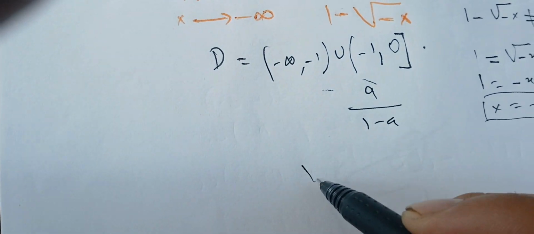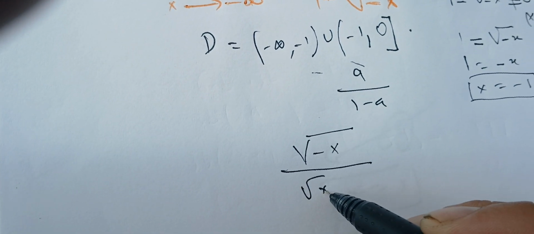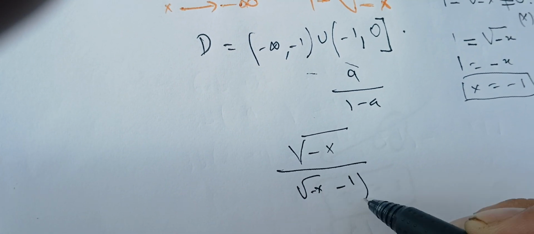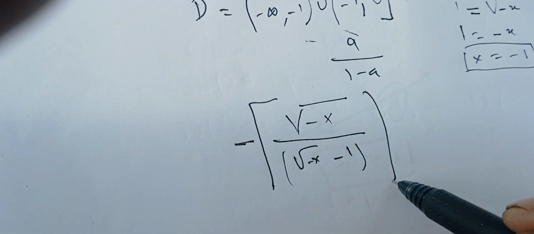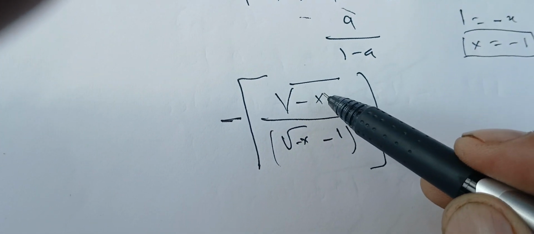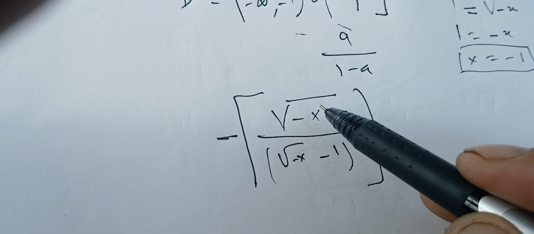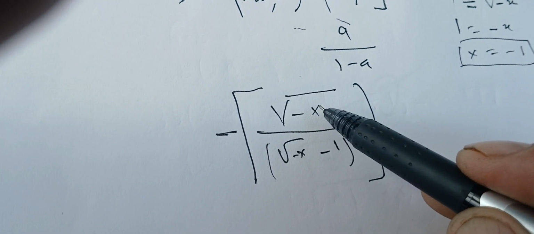Or we can write this as the square root of minus x over the square root of minus x minus 1, and we take the minus outside. Now this is a positive quantity, because x is negative.